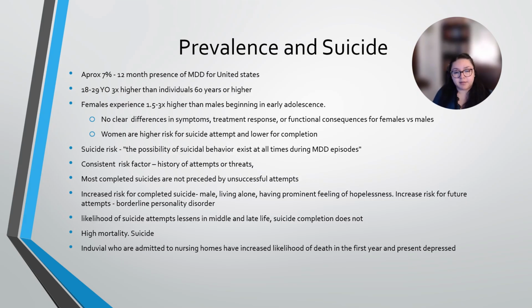There's no clear symptoms again for treatment response, function, consequences for females versus males. Regarding suicide, women are higher risk for suicide attempts and lower for completion, which means that men are increased risk for completion of suicide and decreased risk for attempts.